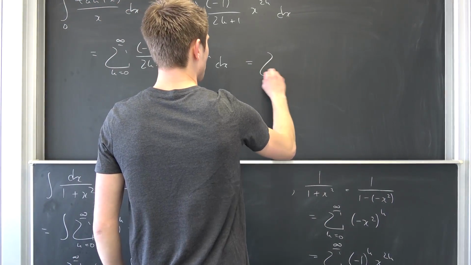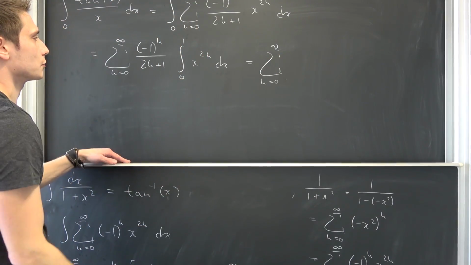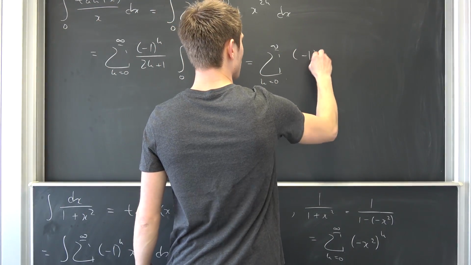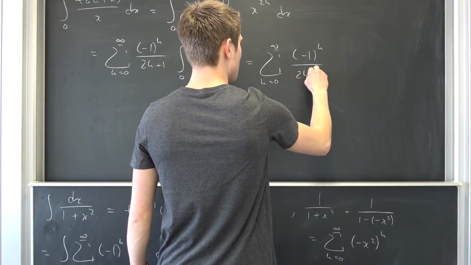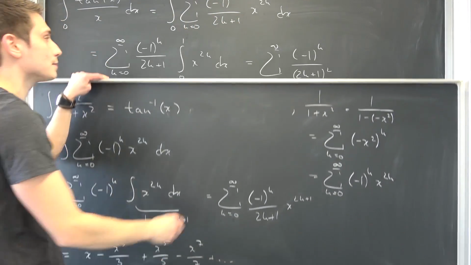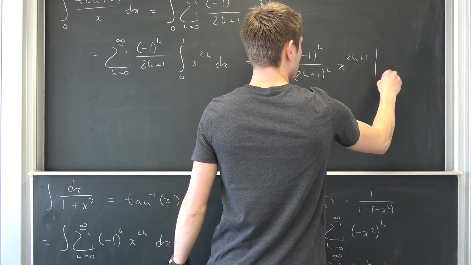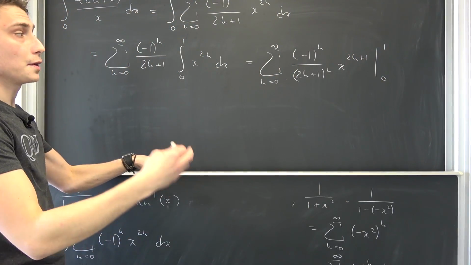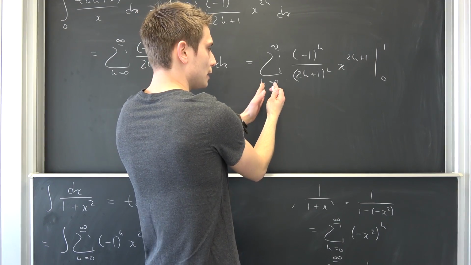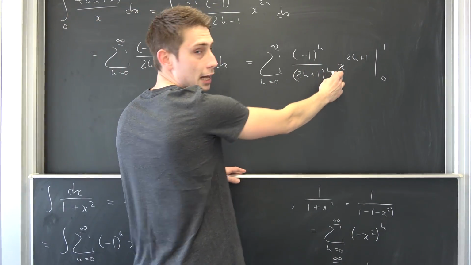We are going to get the sum running from 0 to infinity, our good old infinity boy, (-1)^k over 2k plus 1 squared, so this is the factor we would get here, x to the 2k plus 1th power from 0 to 1. You might notice in every part of the summation we still have this x right here.